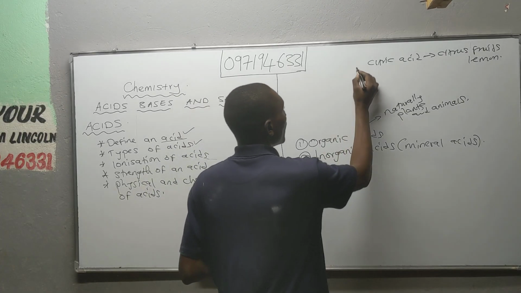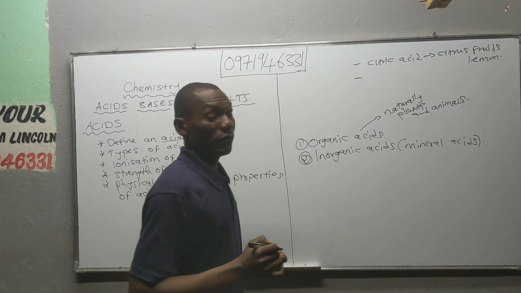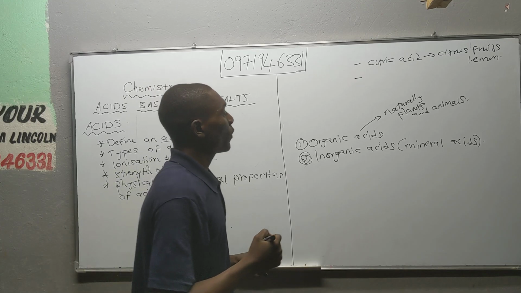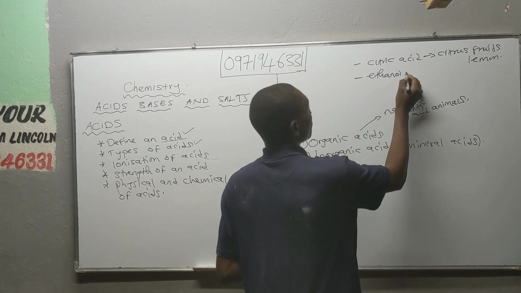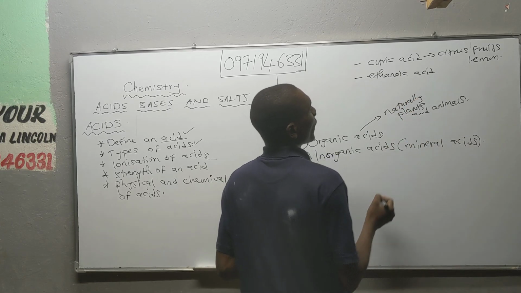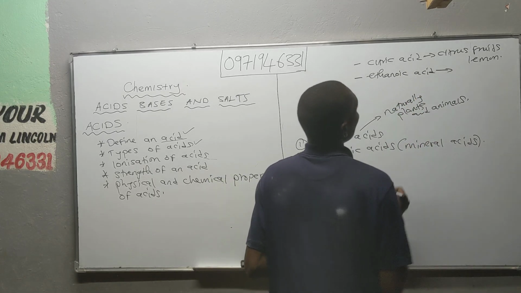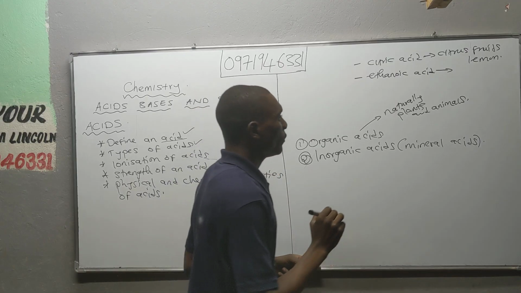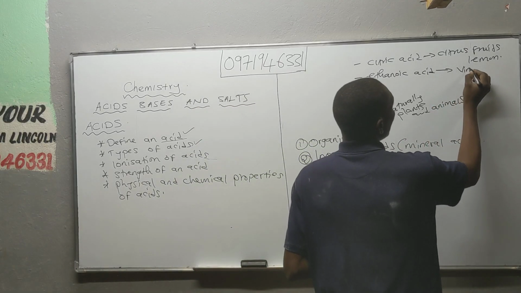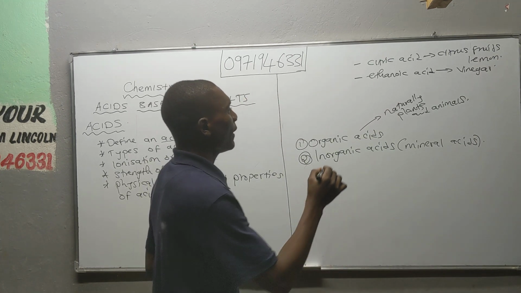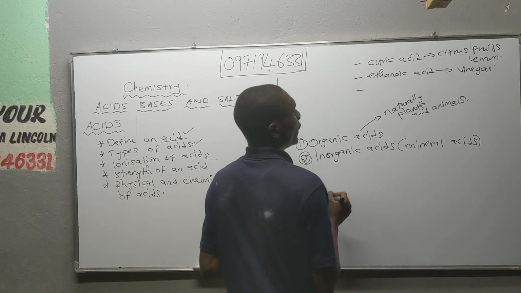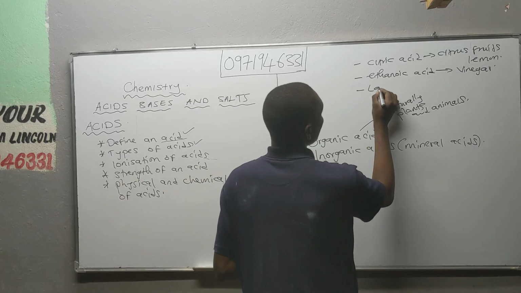Citric acid is an organic acid. Another example of an organic acid is ethanoic acid. Ethanoic acid is an organic acid which is found in vinegar. Another organic acid we have is lactic acid.